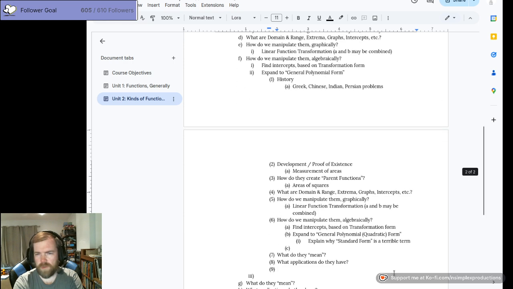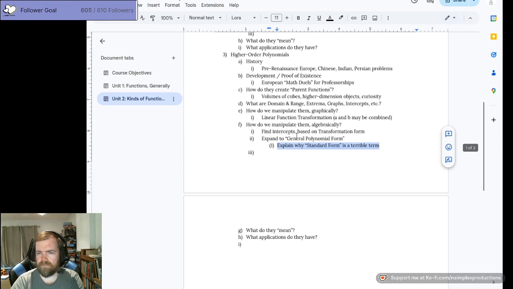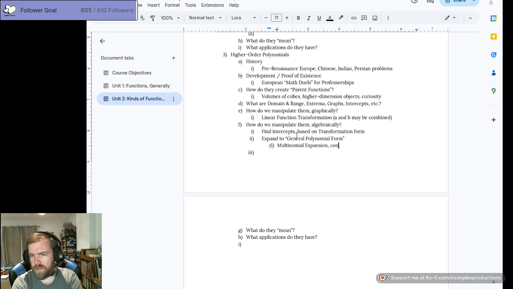In this case, we can do our multinomial expansion. And connect the idea back to the simplex.